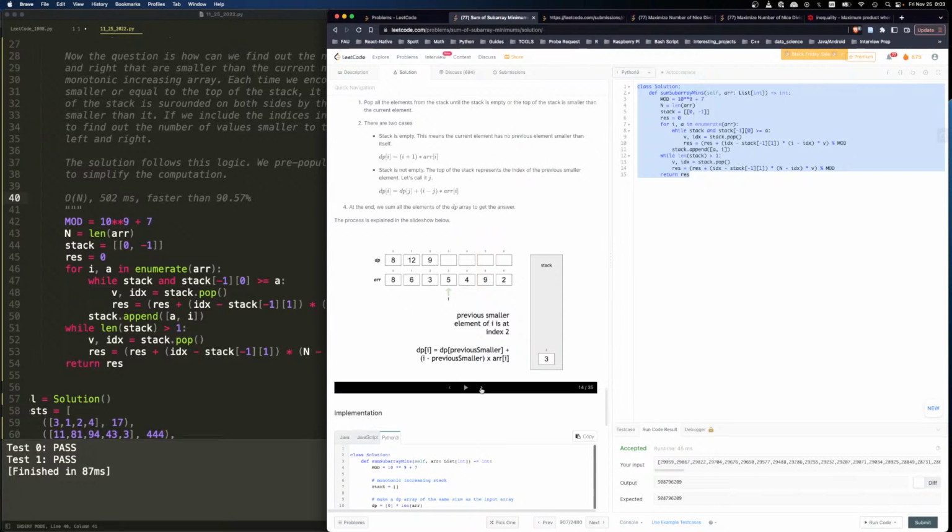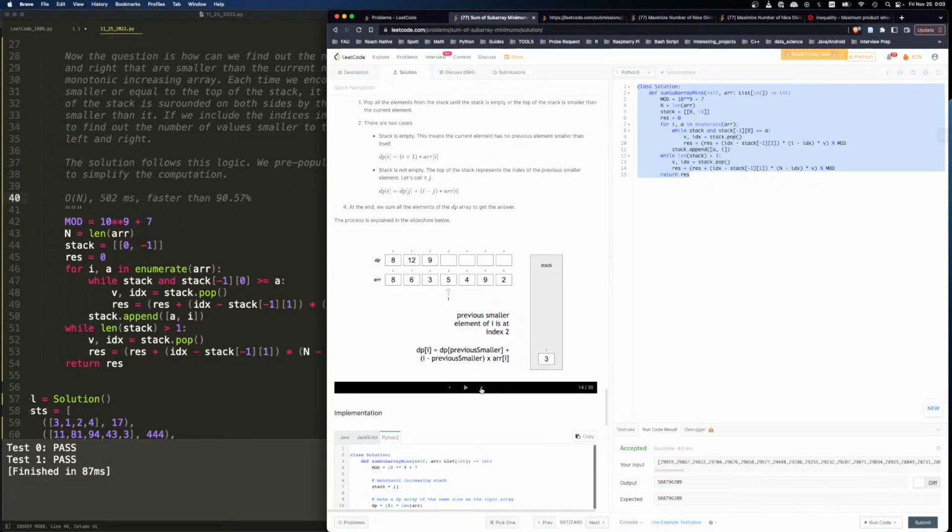Yes, i minus the previous. So if I am at index 3, it'll be 3 minus 2, which is going to be 1. All right. Because the previous smallest is in the stack, I have its value and its index.